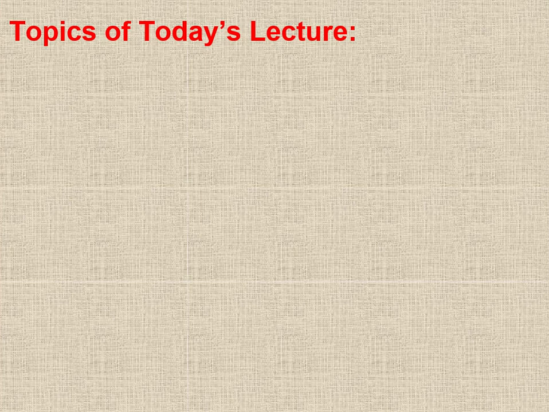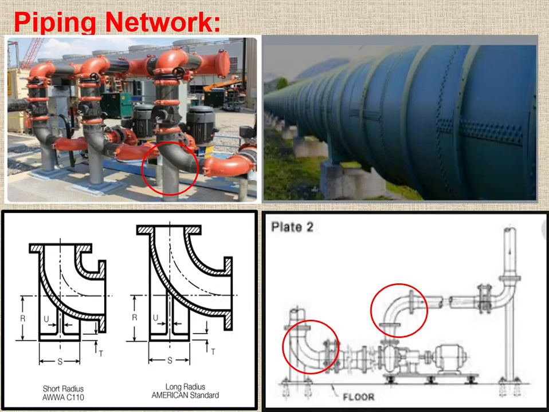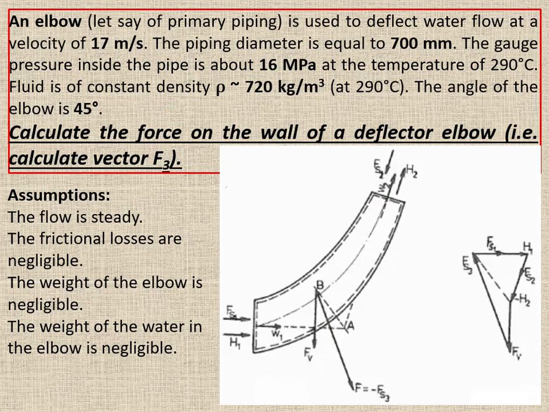The topic we are going to cover today is the fluid flow through pipe bend, and obviously we are focusing on the practice problems. So these are the examples of pipe bends and the anchoring force that I showed to you in the previous video lecture. And now we are going to solve a problem.